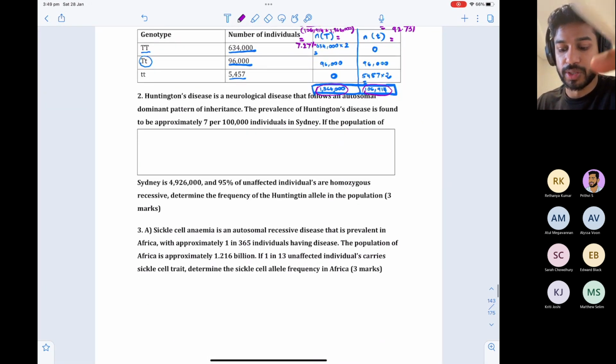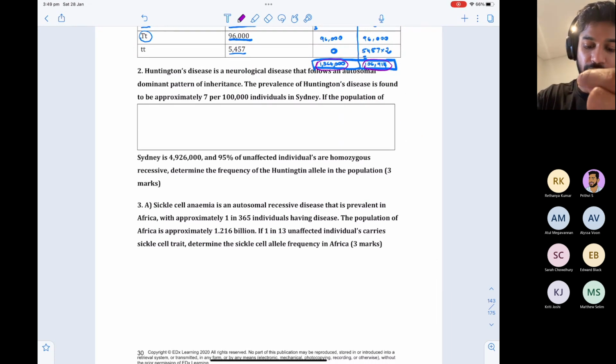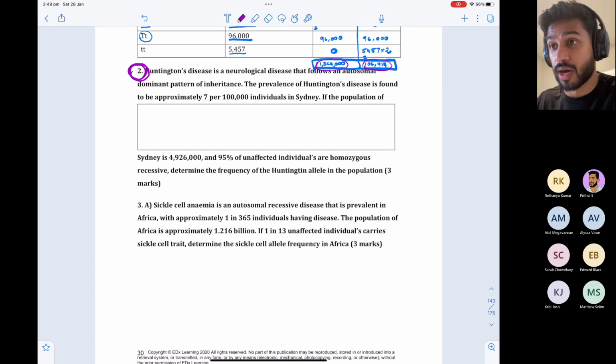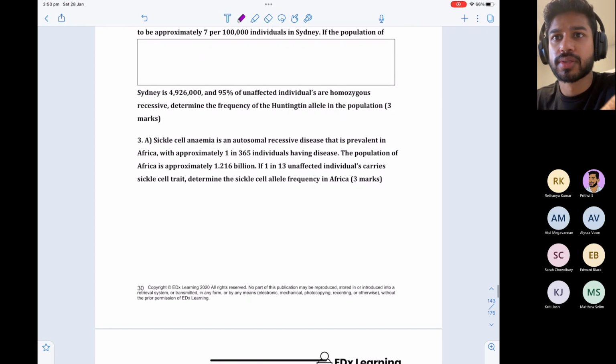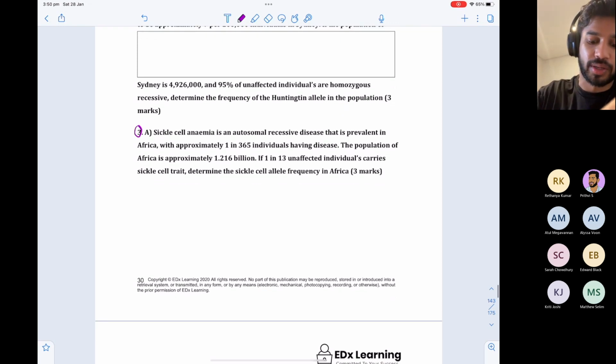Feel free to do these questions in your own time. Just a little preface, this question is just extension. It doesn't matter if you can't do this question. You will never be asked it to this level in the HSC or trials. I just wanted to really test you out. I Google searched everything about Huntington's disease and put it into a question. And the same for question 3.